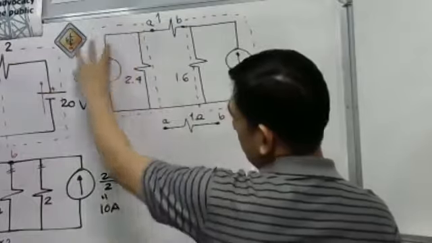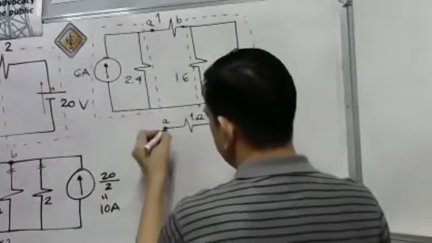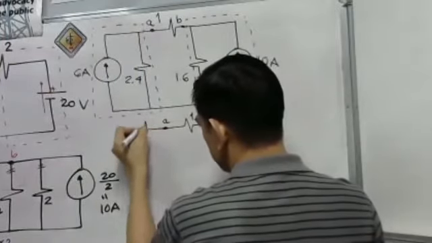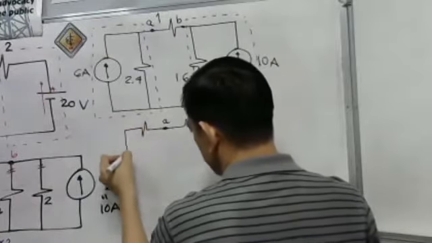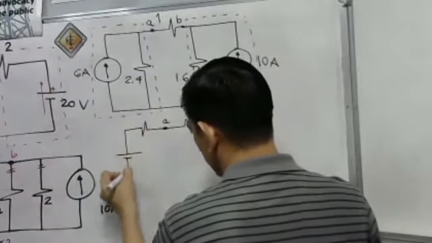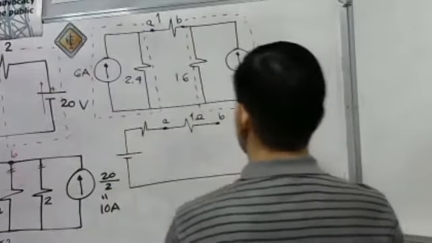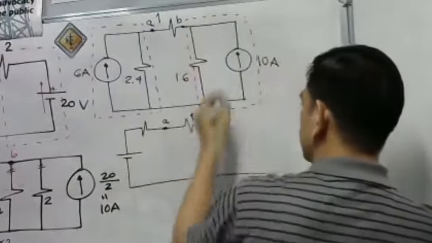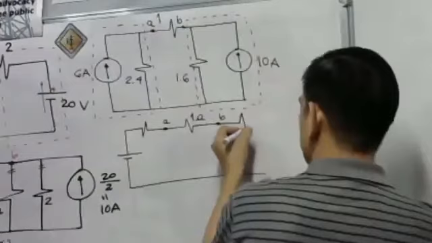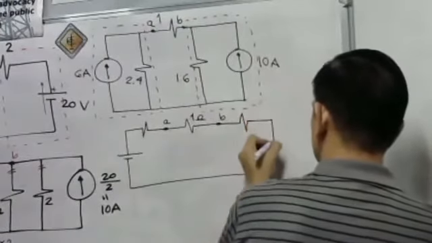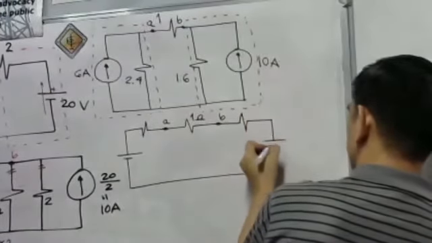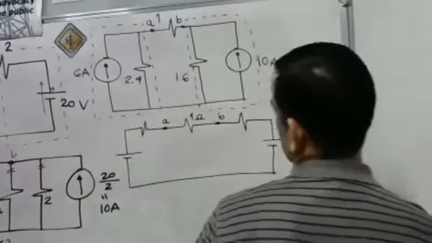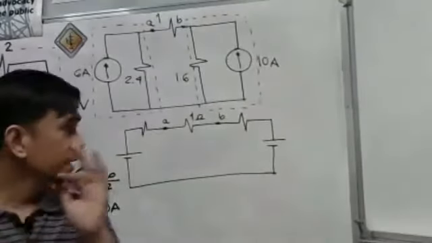Then, considering this circuit, we'll be having a series resistance in series with the Thevenin's voltage. What about on the right side? We'll be having a resistance, then a voltage source here.